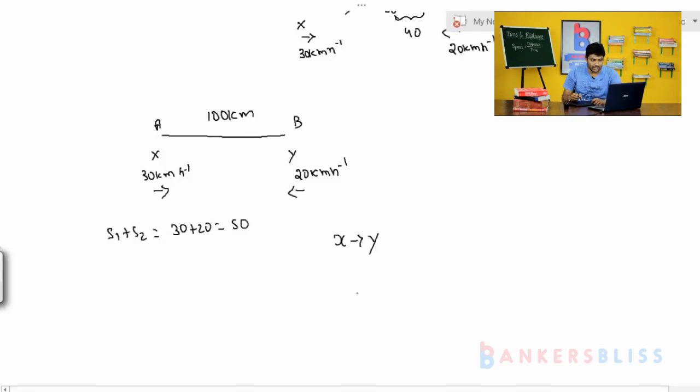This can happen. Otherwise, X is taking the entire speed from Y, which means X is going to reach Y. So, what is the speed? 50 is the speed, whether X goes and reaches Y or Y goes and reaches X. It does not matter, because one of the persons is 0. X has already given his speed to Y, and now X is 0.